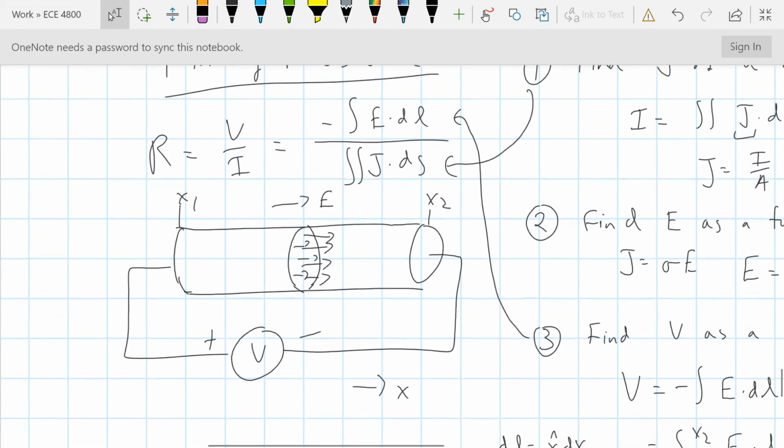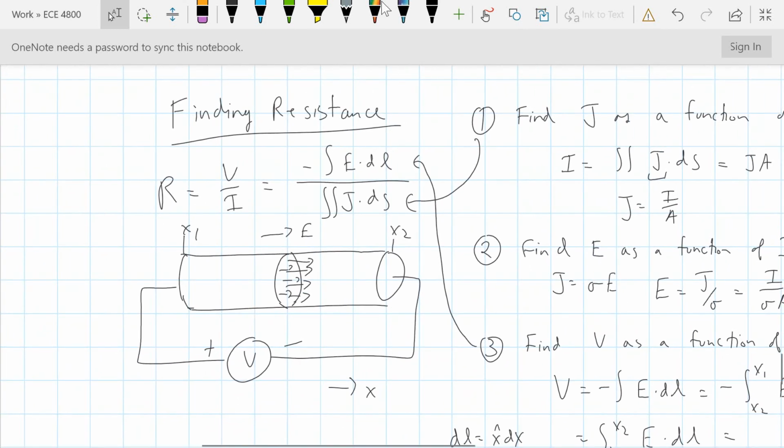Let's look at the logic here. We're applying a voltage here, and it's going through a wire of equal cross-section. So by symmetry, that electric field is going to be the same everywhere in the wire. The wire's conductivity is not changing, the cross-section isn't changing, so you're not going to end up with large fields or small fields in different places.